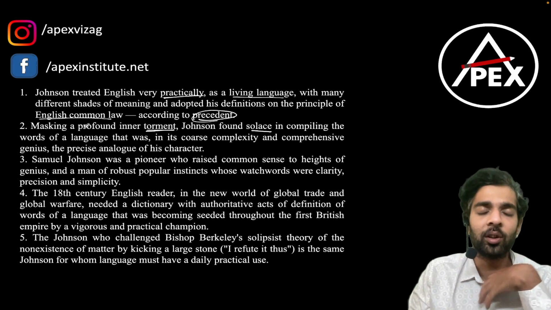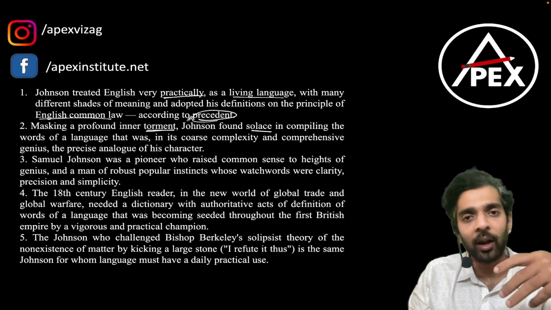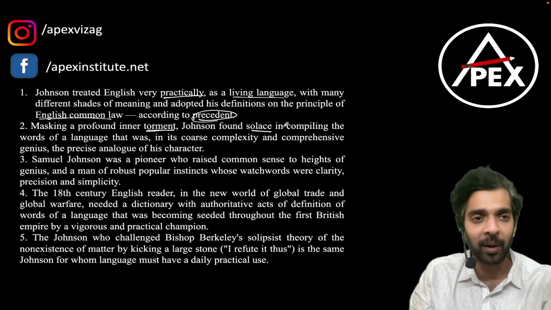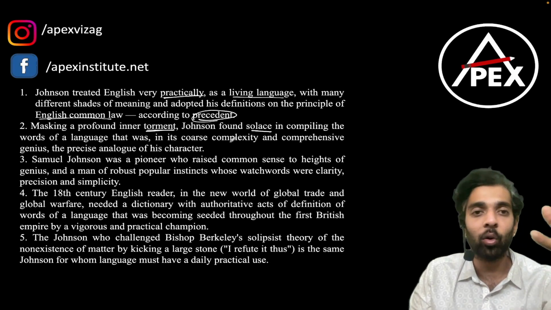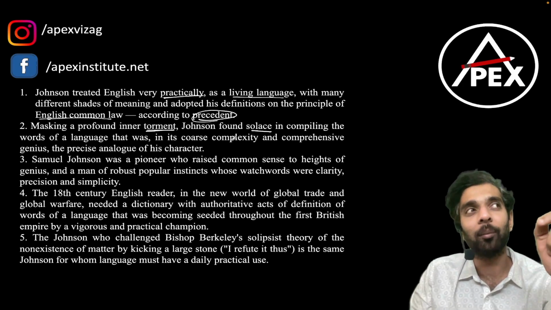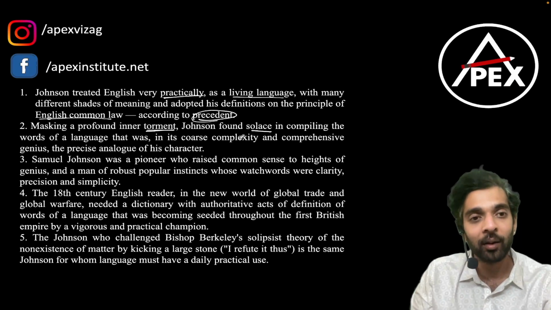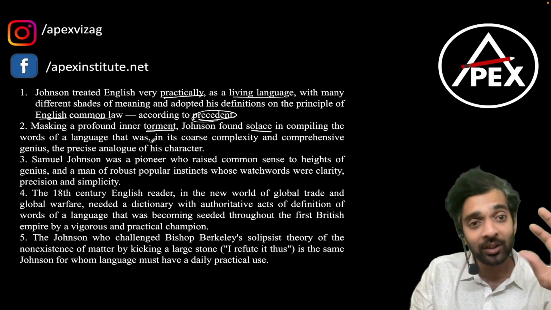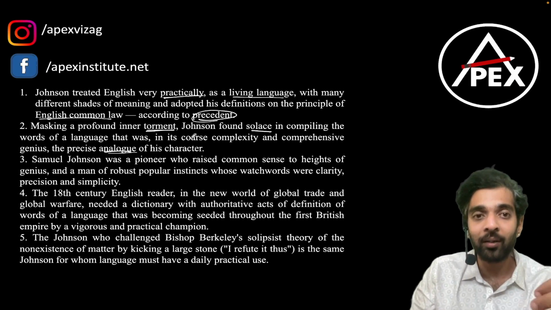So he was controlling the inner hatred, inner feelings, and Johnson found peace in compiling the words of a language which, in its coarse complexity, is like rough complexity, very rough to figure out, which was just like his character, the precise analogue of his character.